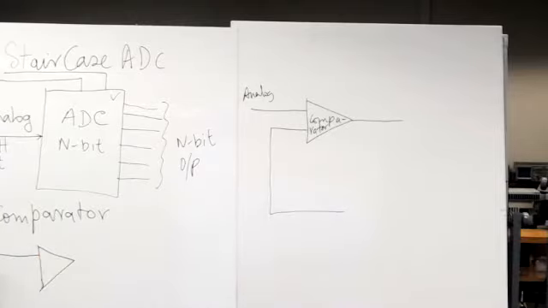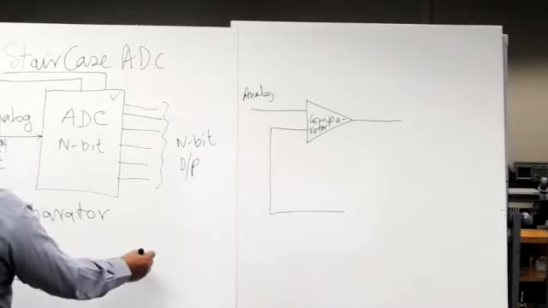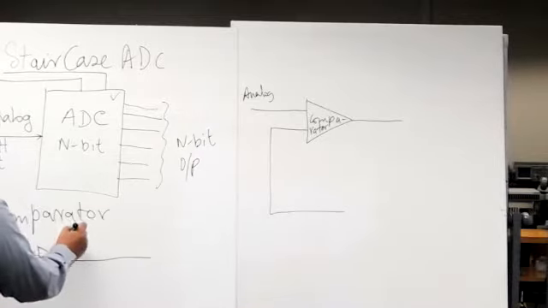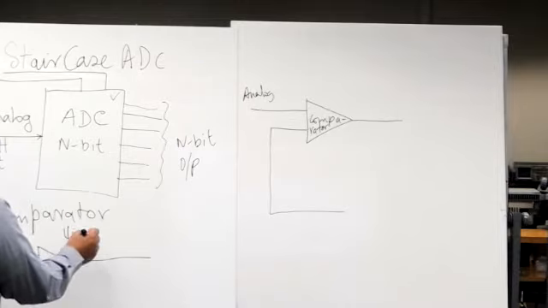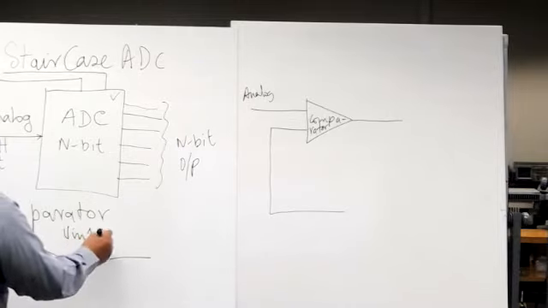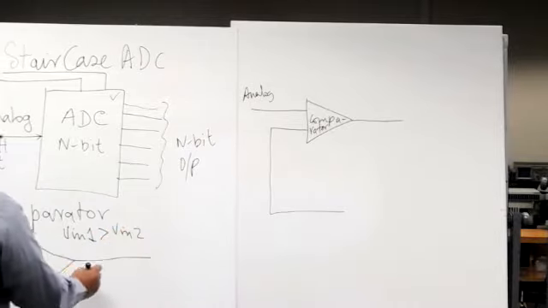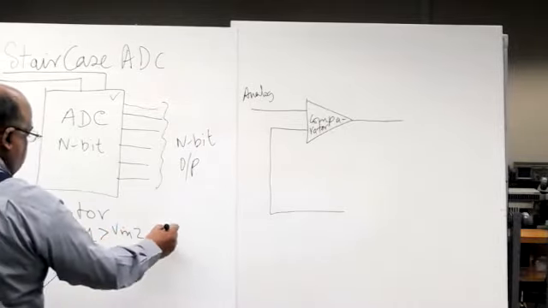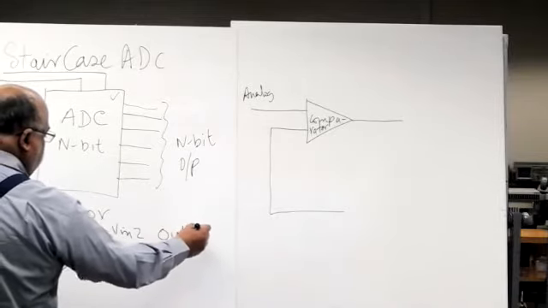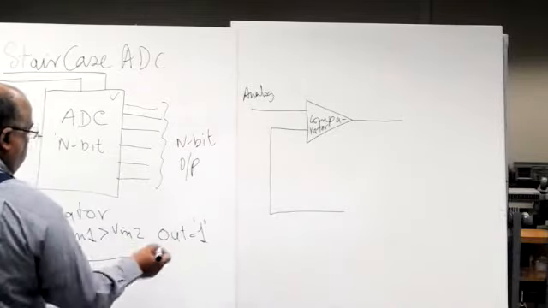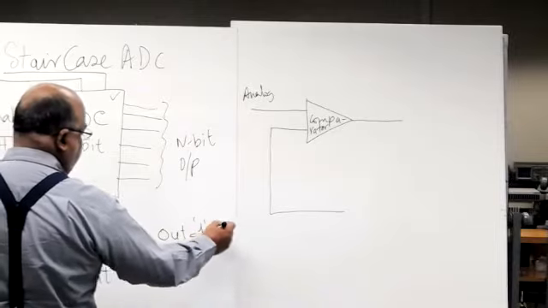We have V in 1 and V in 2. If V in 1 is greater than V in 2, out is equal to logic 1, which is equal to 5 volts.